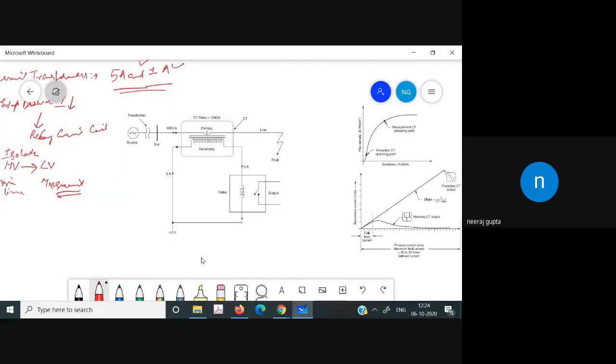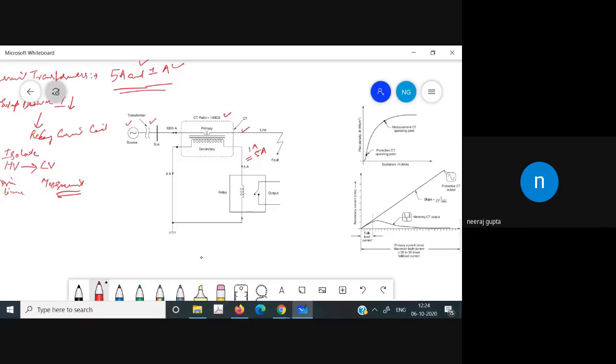In this case, you have the source, then you have the transformer, and then you have the transmission line. And here we have the CT. In this case, the ratio of CT is 1000/5, that I already told you. The standard ratings for which the CT is used are 1 ampere and 5 ampere, which are available in the market.